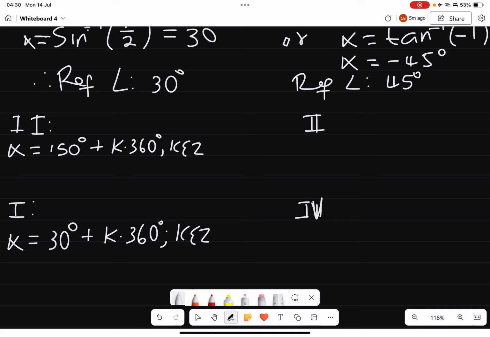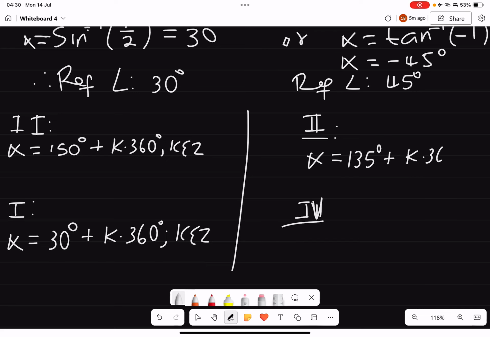For tan, which is negative in the second quadrant, alpha is 180 minus the reference, which is 135, plus k times 360 degrees.